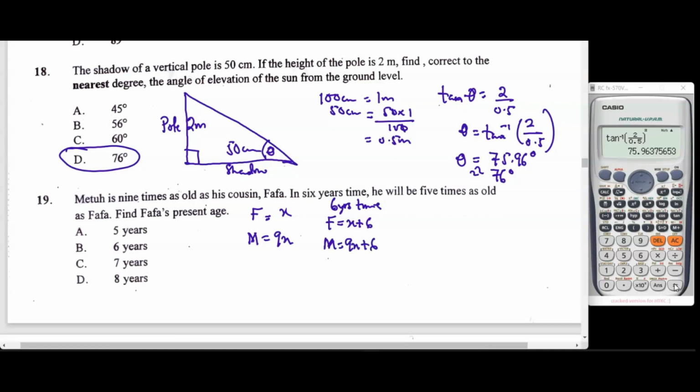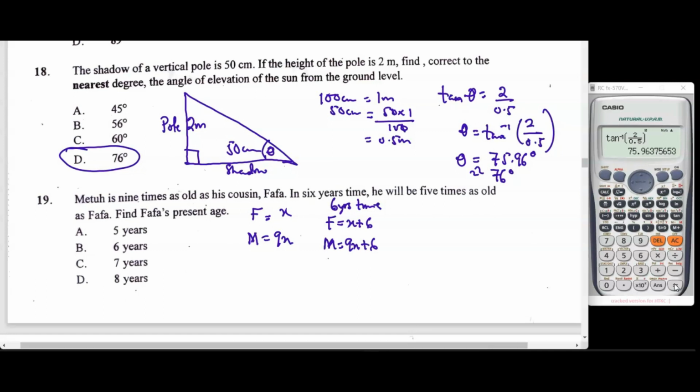Ideally, this is what is going to happen to their respective ages, but they've connected their ages 6 years to come. And what did they say? In 6 years' time, he will be 5 times as old as Fafa.